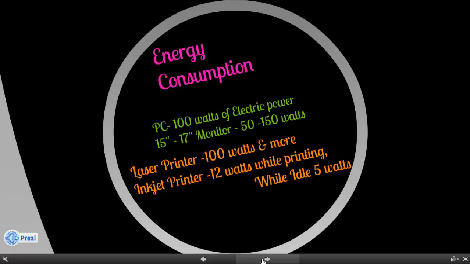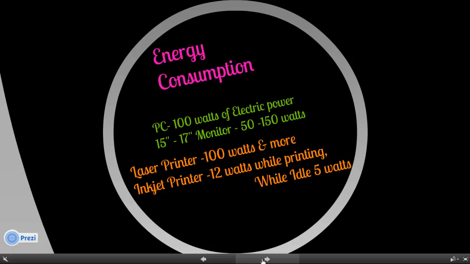You know the fact, how much energy is consumed by our electronic goods. A computer consumes 100 watts of electric power, and a 15-inch to 17-inch monitor consumes 50 to 150 watts. A laser printer consumes 100 watts and more.